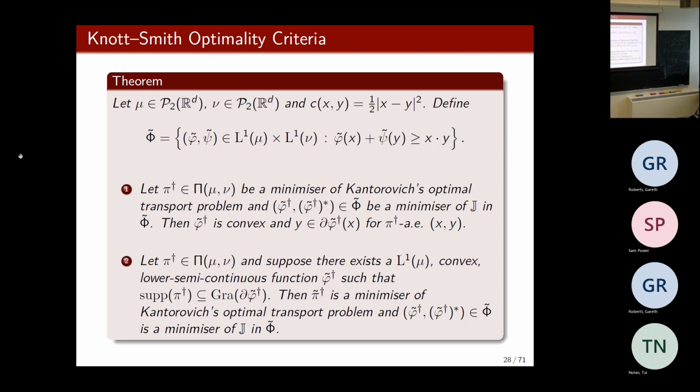But you know that convex functions are Lipschitz, right? And Lipschitz functions are almost everywhere differentiable. Convex functions aren't necessarily Lipschitz.